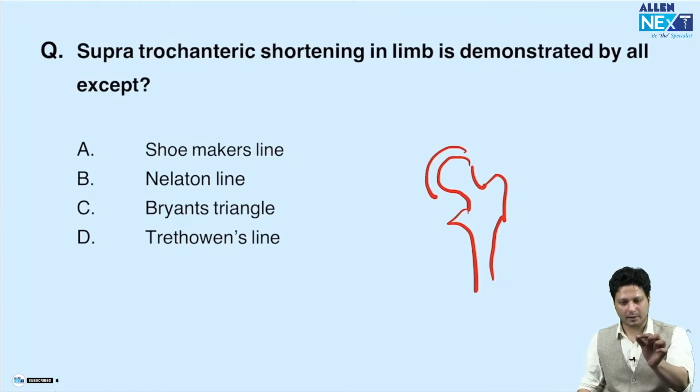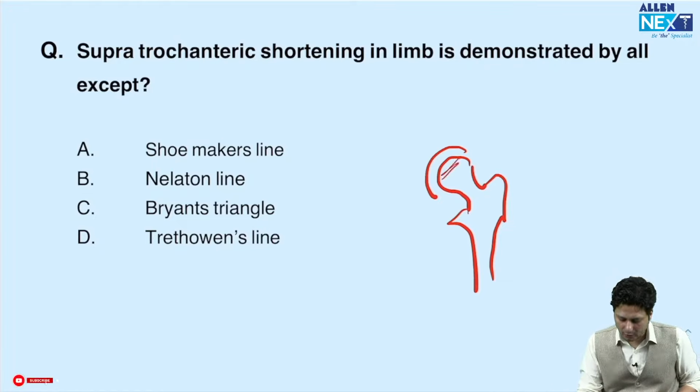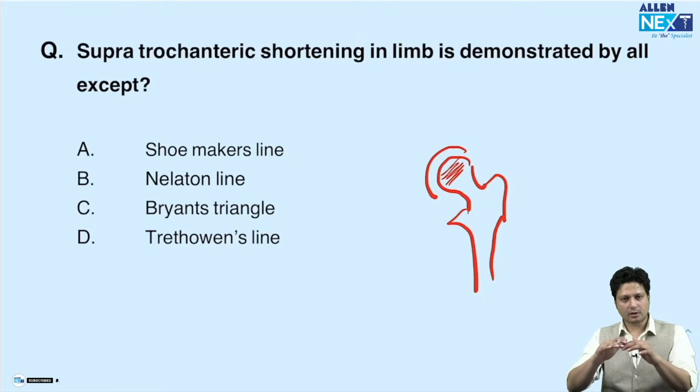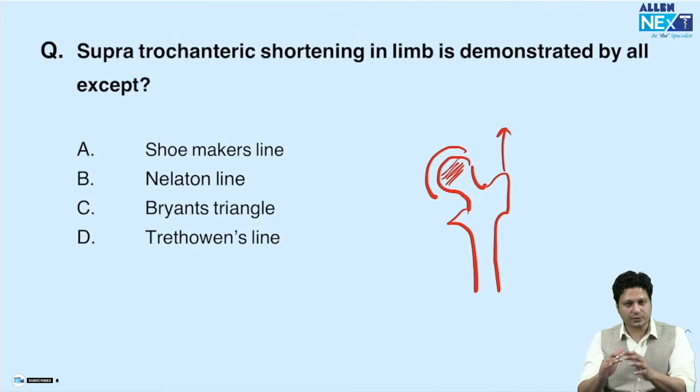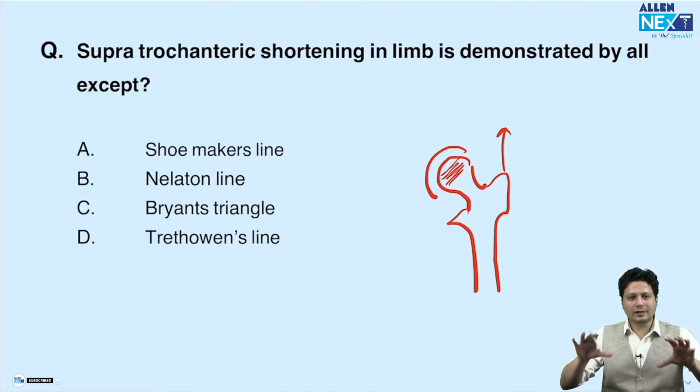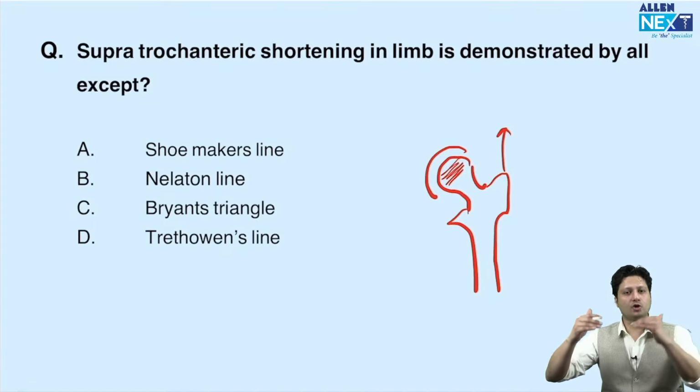What will eventually happen is that the height of the head of the femur is going to be depressed. Over a period of time, there will be disintegration and degeneration of the head of the femur, as a result of which the space proximal to the trochanter will be reduced, because of proximal migration of the greater trochanter. This is known as supratrochanteric shortening of the femur.